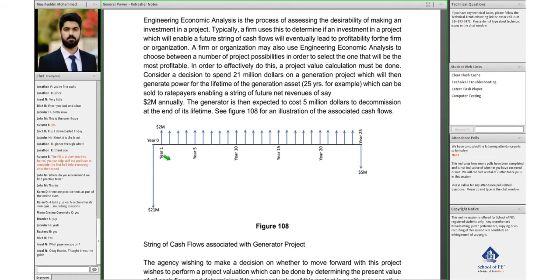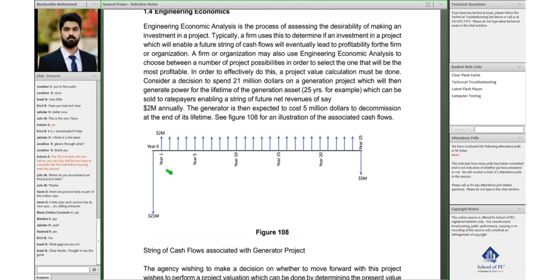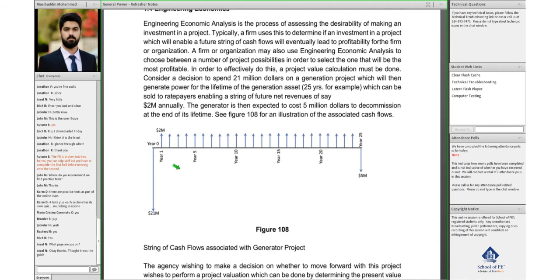This generation project requires $21 million to get started, for the commissioning and construction costs. Then for the course of 25 years, this project is going to generate an annual cash flow of $2 million every year.